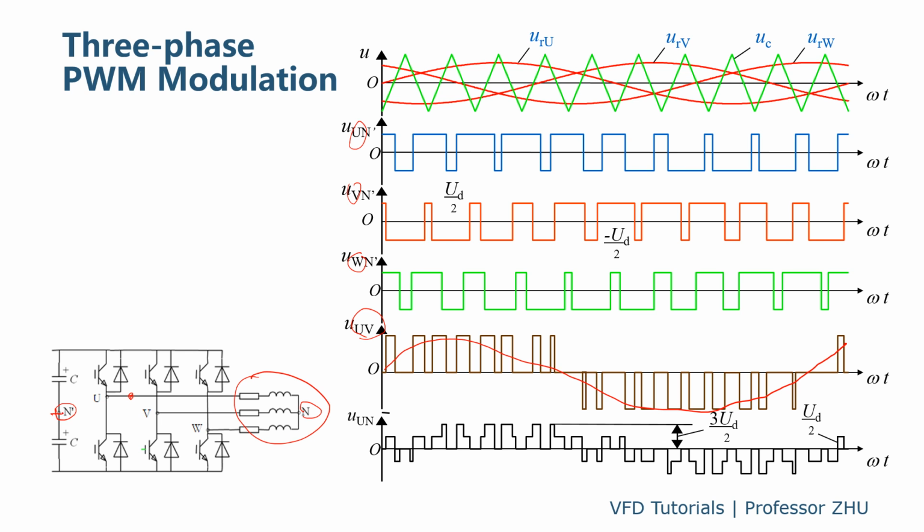So the voltage between those 2 points, which we call the common mode voltage, is not zero. It is a waveform with a high frequency. So if we look at the real motor phase voltage, U to N, the waveform is different from U to N prime because of the common mode voltage.